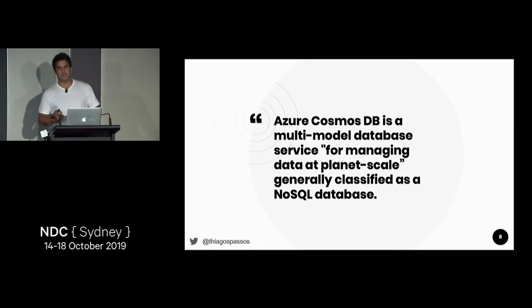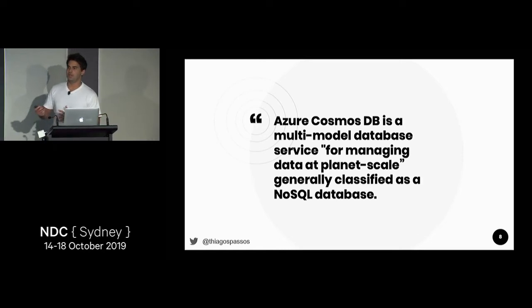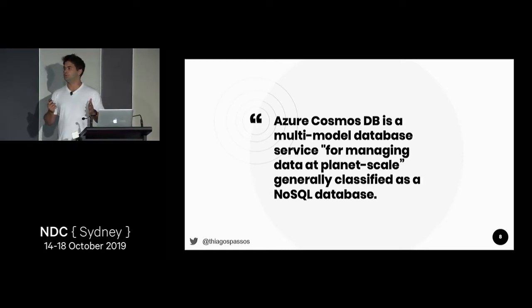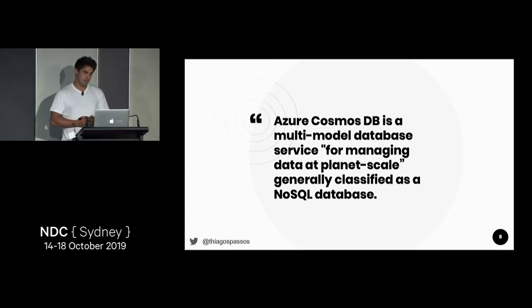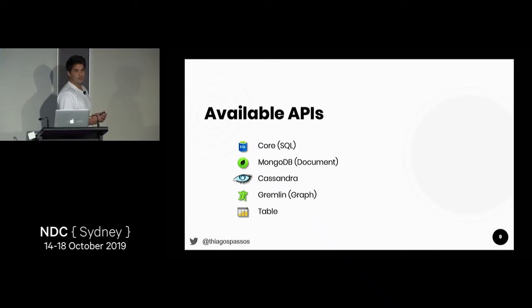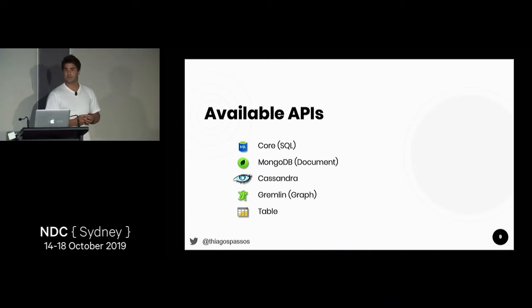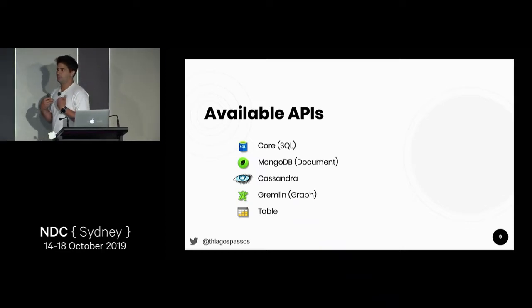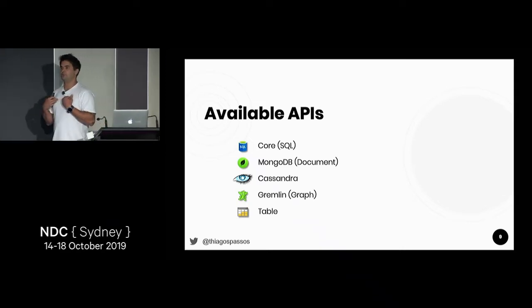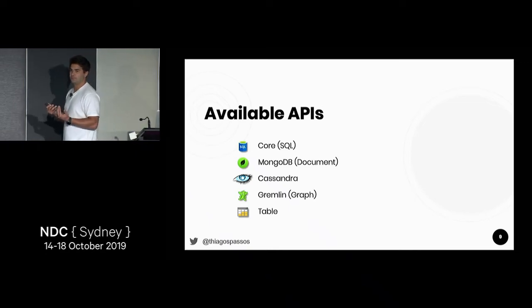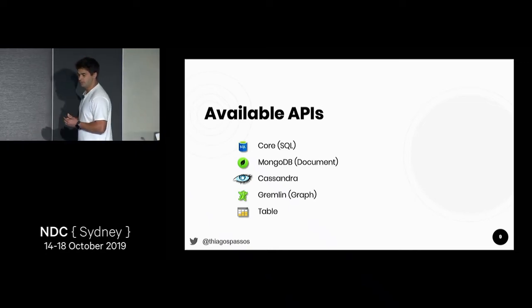The multi-model means you have a bunch of APIs that you can use to talk to Cosmos DB. And that happens when you create your instance, right? So there are currently 5 APIs available to talk to Cosmos DB. I've got a lot of background on SQL, so for me, the easiest one would be the core API, right? Because I'm familiar with SQL.